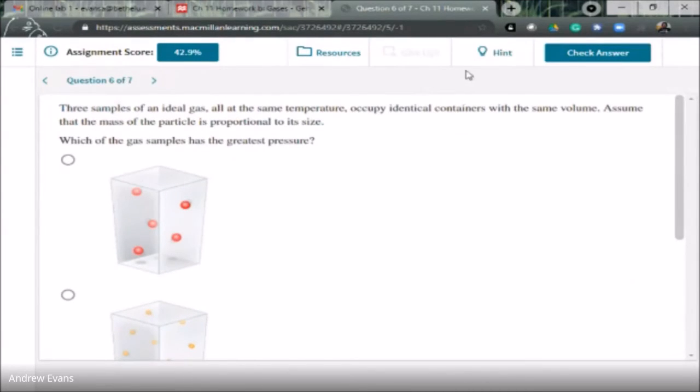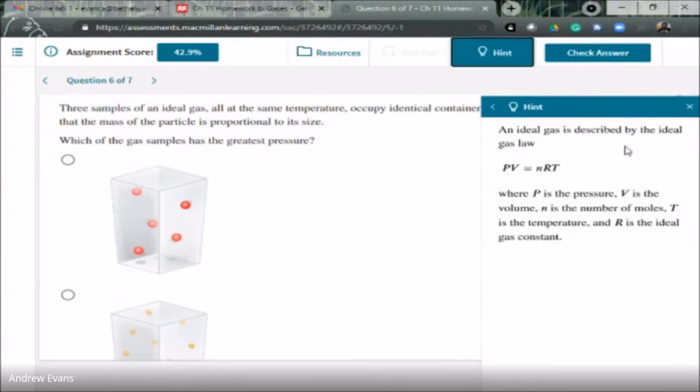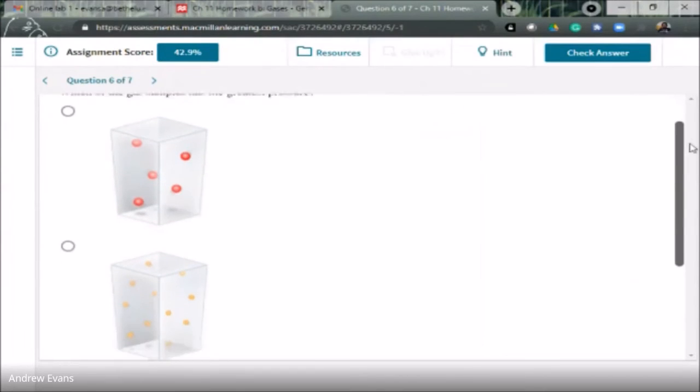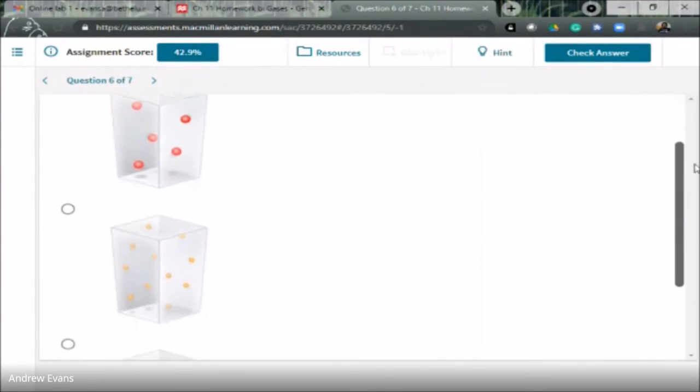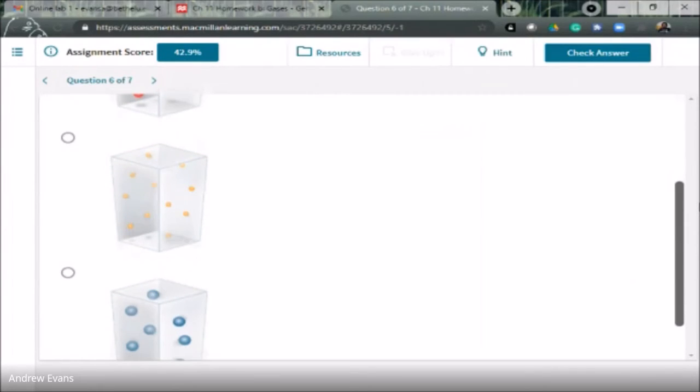They're all ideal. So the idea here is that if they're all the same temperature, pressure has to do with the number of collisions, and collision has to do with the speed. So the lighter gas would create a greater pressure because it's a greater number of collisions.